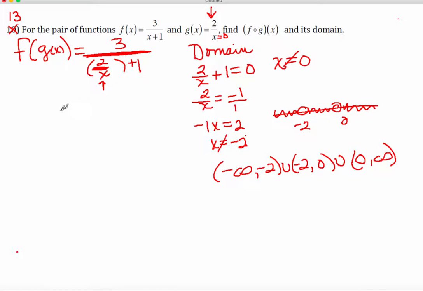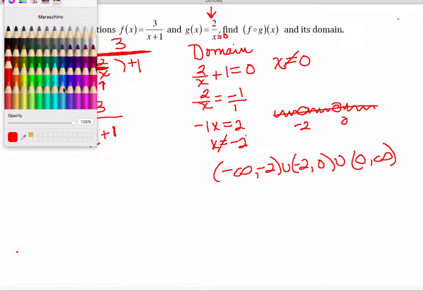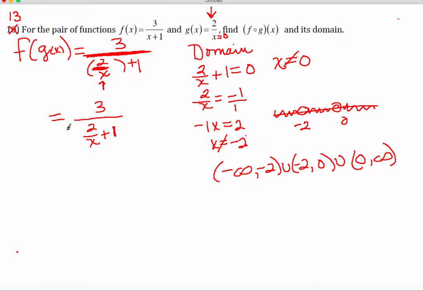And now for the cleanup. I'm going to show you a different method to clean this up. I'll show you Mr. Manning's method. Okay, so it took away the parentheses, and that's what I have. What Mr. Manning does is just multiply everything by x. If you multiply a fraction by any version of a 1, and in this case x over x is 1, then it's a legal move.